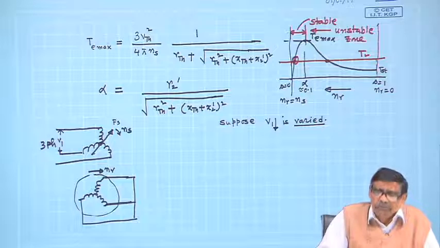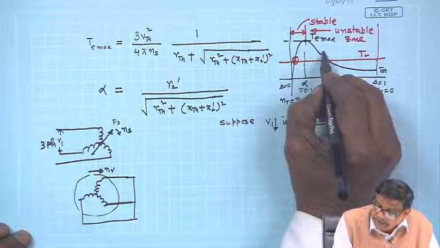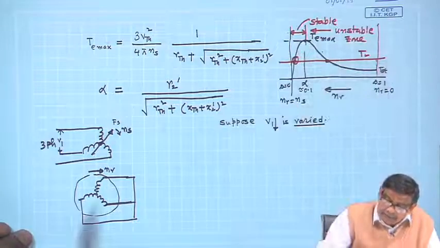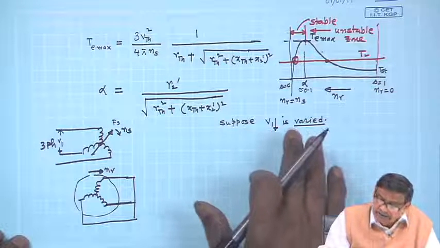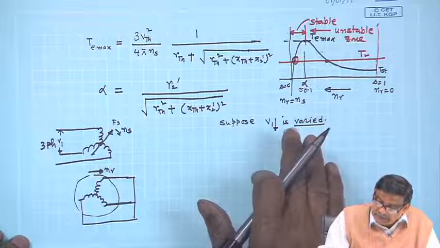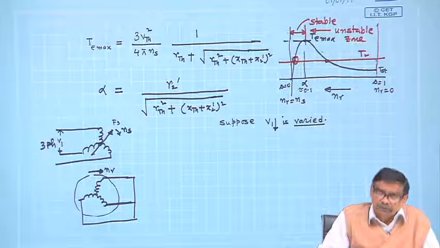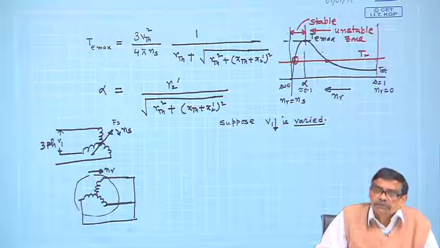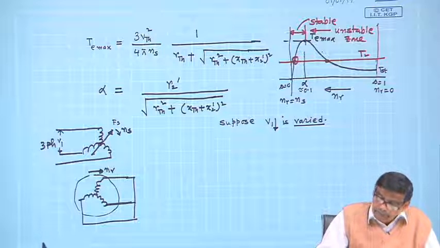Assuming this is the torque slip characteristics corresponding to rated applied voltage, if V1 is decreased, that becomes meaningful. No question of increasing the supply voltage, it may exceed the rating of, suppose, a 400 volt 3-phase machine. I should not go beyond 400 volt.